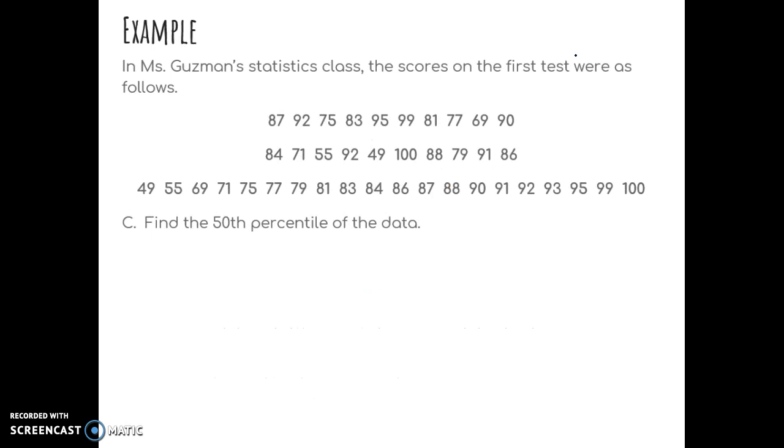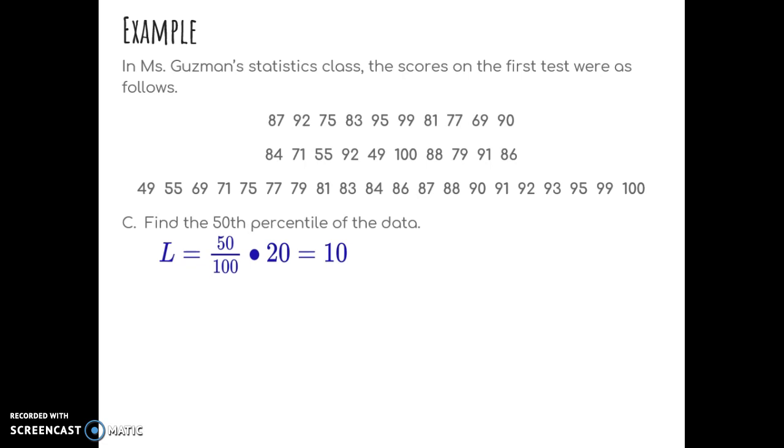All right, one more. You guys try to find the 50th percentile. So go ahead and pause the video and see if you can find that. Okay, hopefully you paused the video and found the 50th percentile. Let's go over that. So for the 50th percentile, we put 50 in for your P, so 50 over 100 times the number of numbers, which was 20. And when you multiply that out, you get 10. 10 is a whole number.